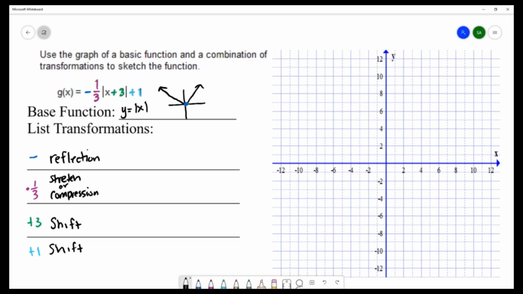So the +3 is going to be a horizontal shift, and the other 3 operations are outside of the absolute value and will all be vertical transformations.